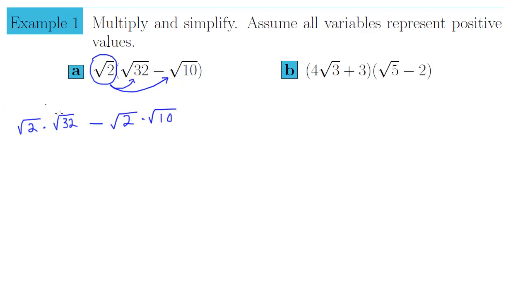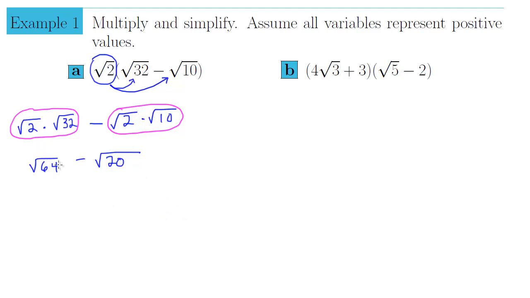At this point, we have a single radical times a single radical, so we can multiply underneath the square root symbol. That's what the product rule tells us. So 2 times 32 is 64. Again, a single radical times a single radical, so we have a square root of 20, since 2 times 10 is 20.